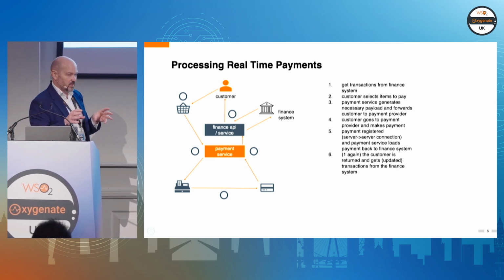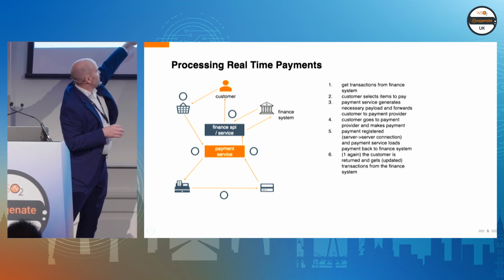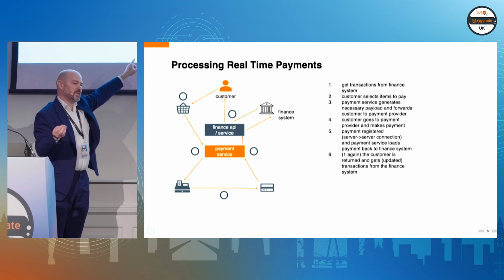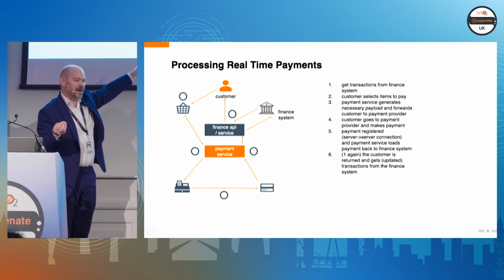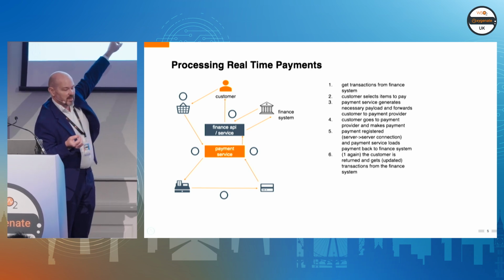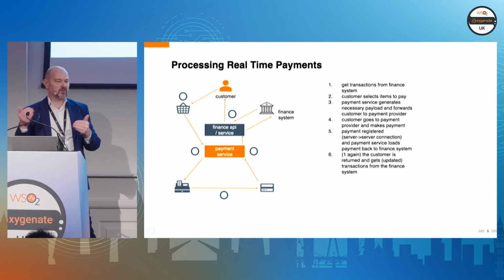The other key thing I want to add into this process is that from the time their payment has been collected by the payment provider, that money's in the bank. So we need to make sure we've got guaranteed delivery. From that callback to the payment service, we acknowledge straight away. We say, thank you very much, we'll handle it from here.